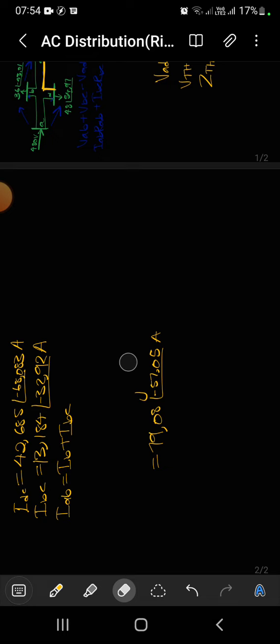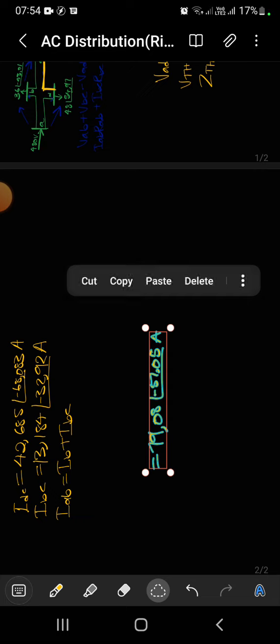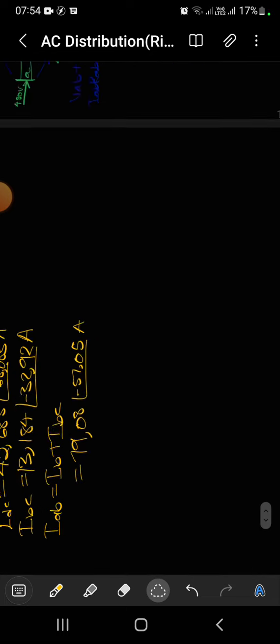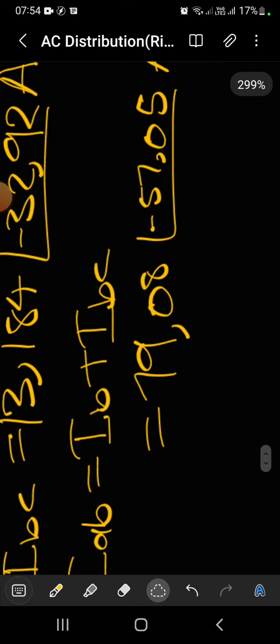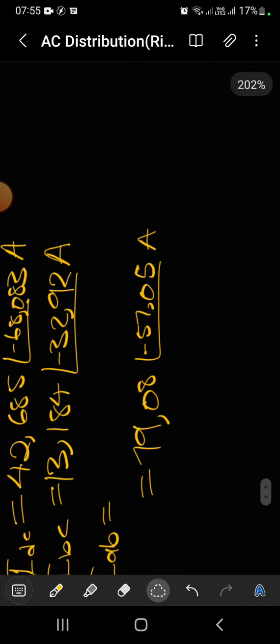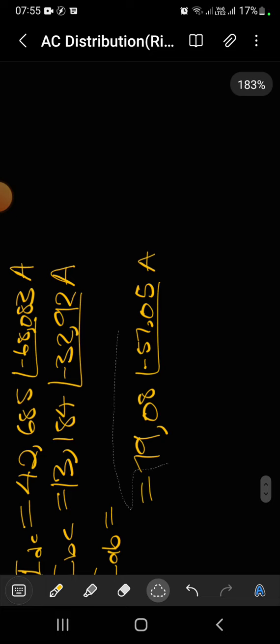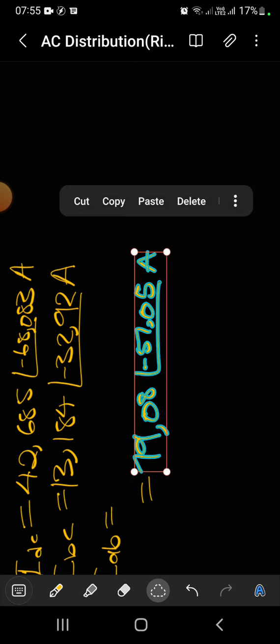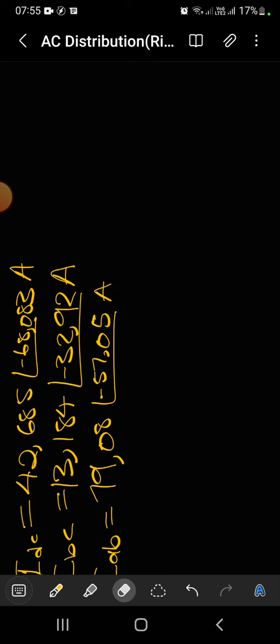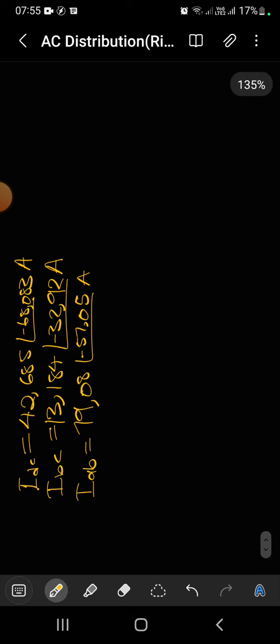So please just take them to polar, just to be safe. Have both polar as well as rectangular. Cool. So now we have IAB, IBC, and IDC.